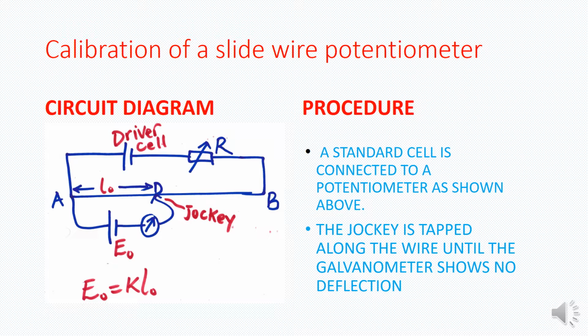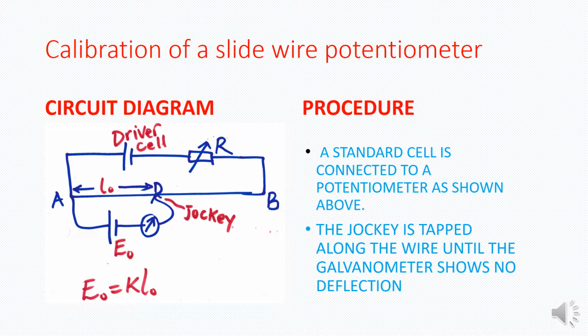How can we calibrate the potentiometer wire? To calibrate is to determine the PD per centimeter of the potentiometer wire. In order to do that, we use a standard cell. That is a cell of known EMF. So the cell is connected as shown in the diagram, and then the jockey is tapped along the wire until a balance point is obtained.